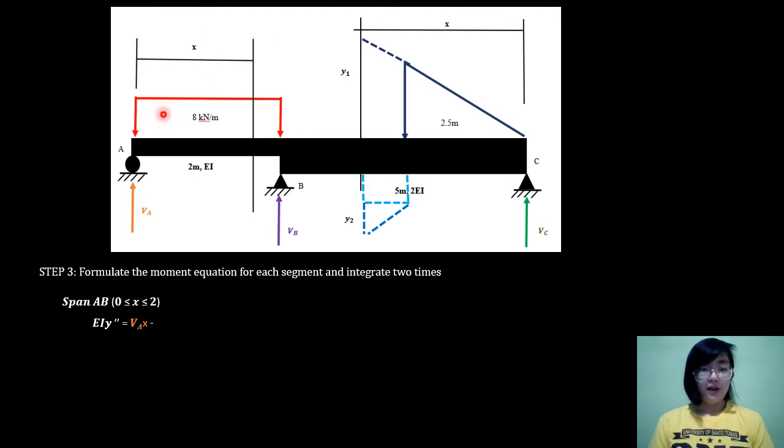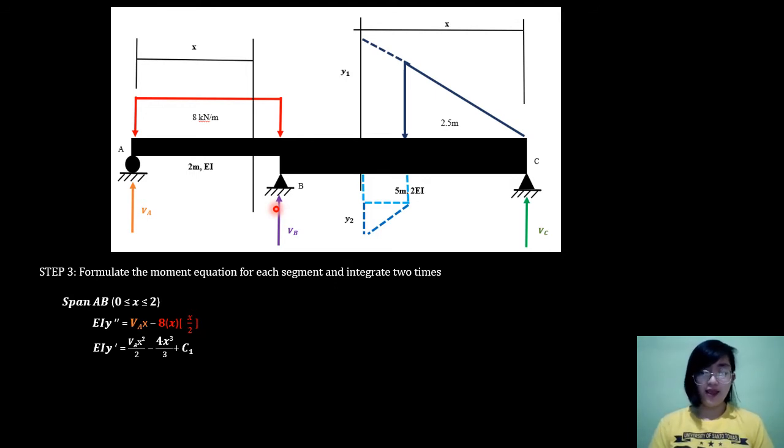Then, ang next natin gagawin is yung rectangular load naman. So, we have 8 times x, kasi i-moment natin sa line na to. So, 8 times x times yung centroid niya, yung moment arm, yung distance niya to the moment line. So, we have 8 times x over 2. We will integrate it 2 times.